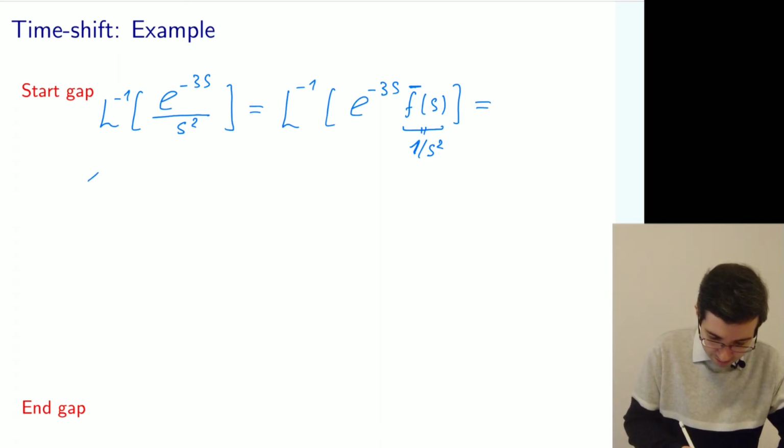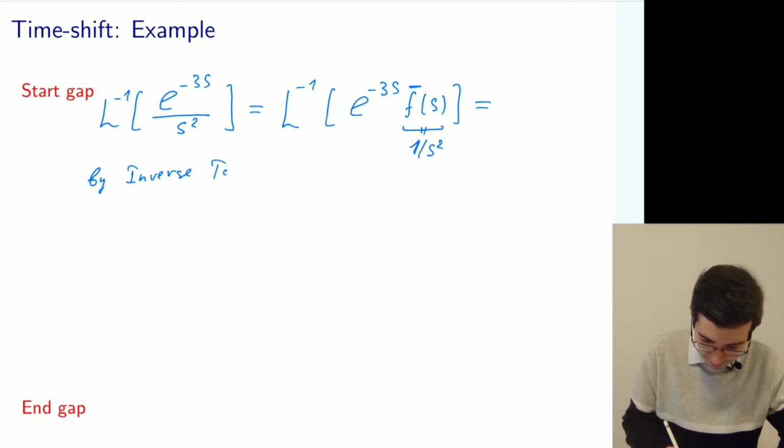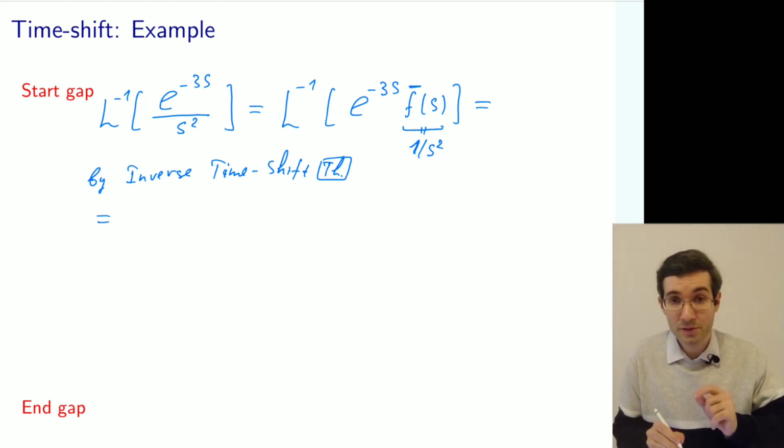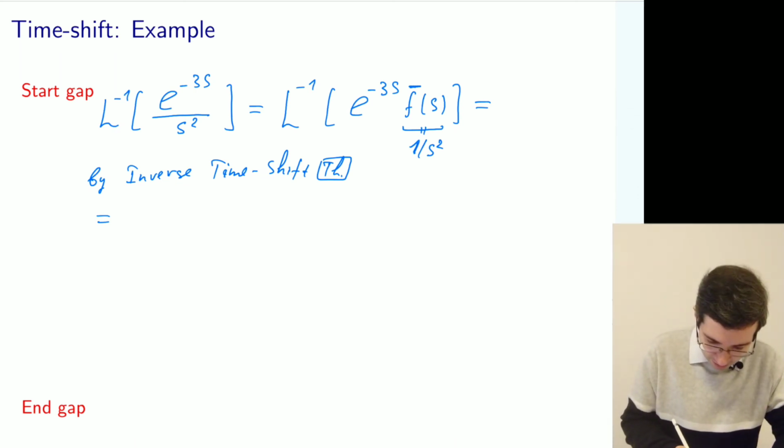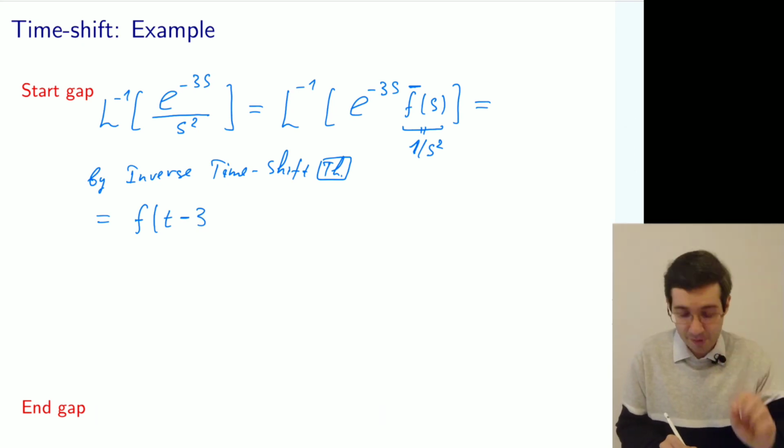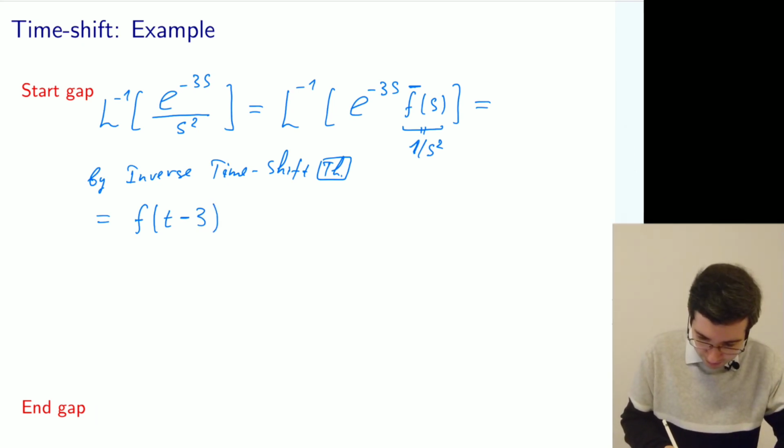And by the inverse time shift theorem, we have that the inverse Laplace transform of a function multiplied by the exponential will be just the function itself, but shifted by minus 3, multiplied by the unit step function shifted by the same amount.